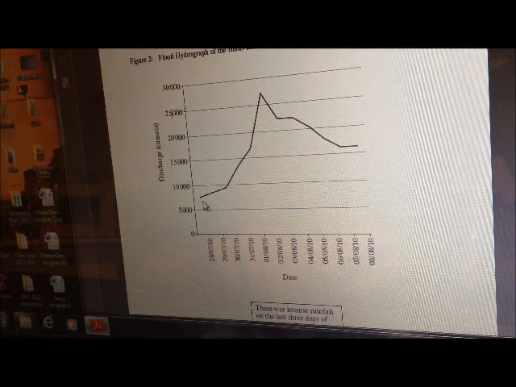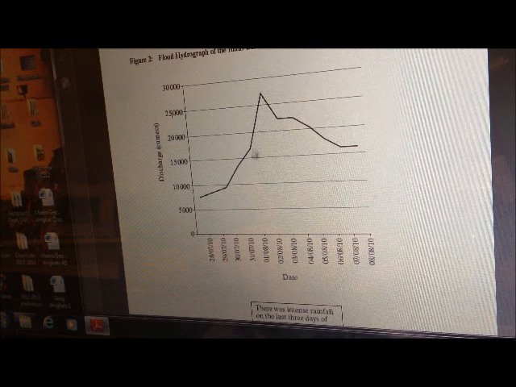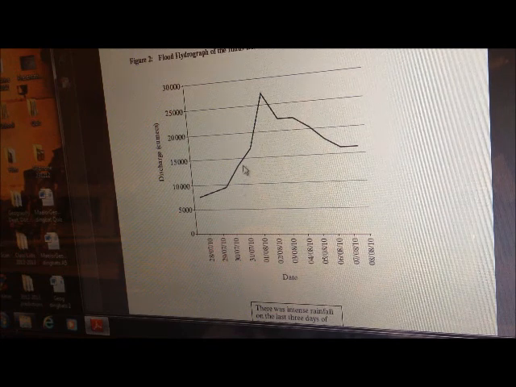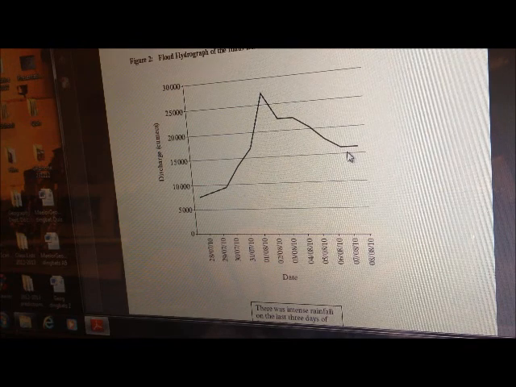What you could write in the description is that there's a steady increase to the 29th and 30th, up to here, and from the 7th until the 8th there's a steady decrease.